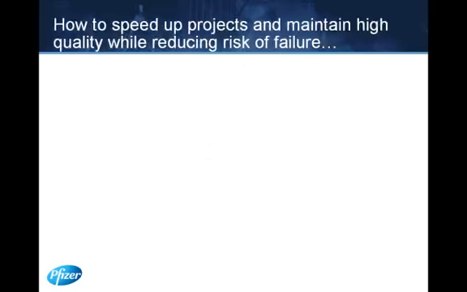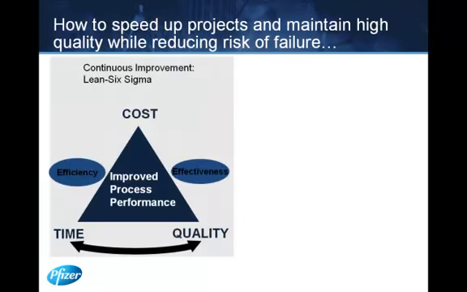So I'm going to do a little build here. How do we really speed up our projects while maintaining this really high quality? If you look at Lean Six Sigma approaches, they have this triangle of cost, time, and quality.